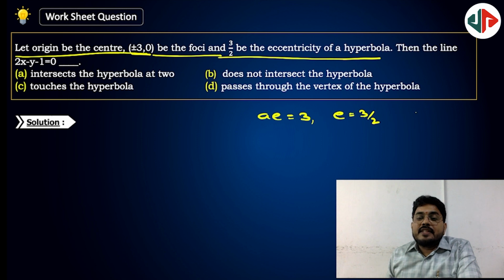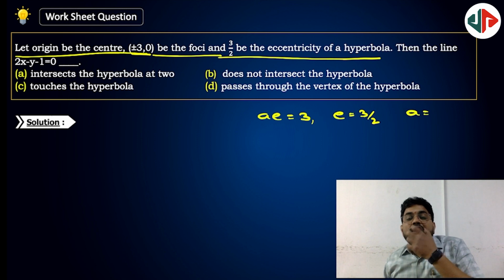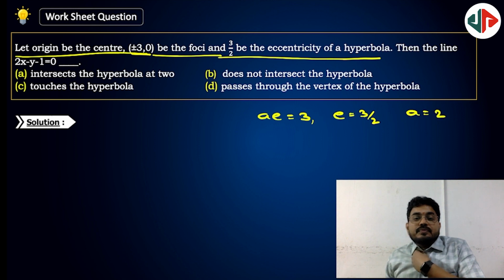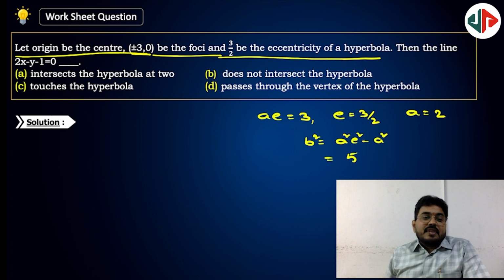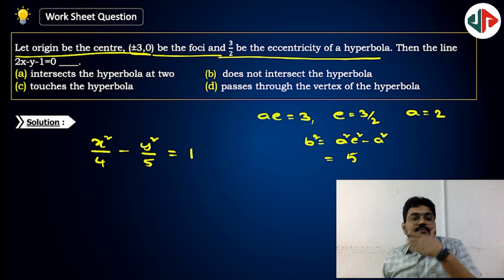So that means A is equal to 2, and B square is equal to A square E square minus A square, which is equal to 5. The equation is x square by 4 minus y square by 5 is equal to 1.